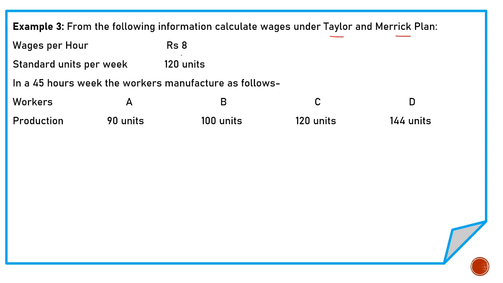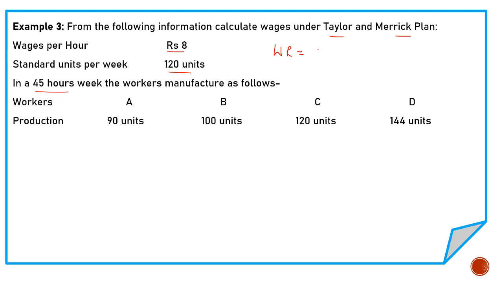Here wage rate per hour is rupees 8. Standard units decided by the company per week is 120 units and worker works for 45 hours in a week. Now with the help of this data, first we calculate wage rate per unit. So wage rate per unit is calculated with the help of, first we calculate wages per week.